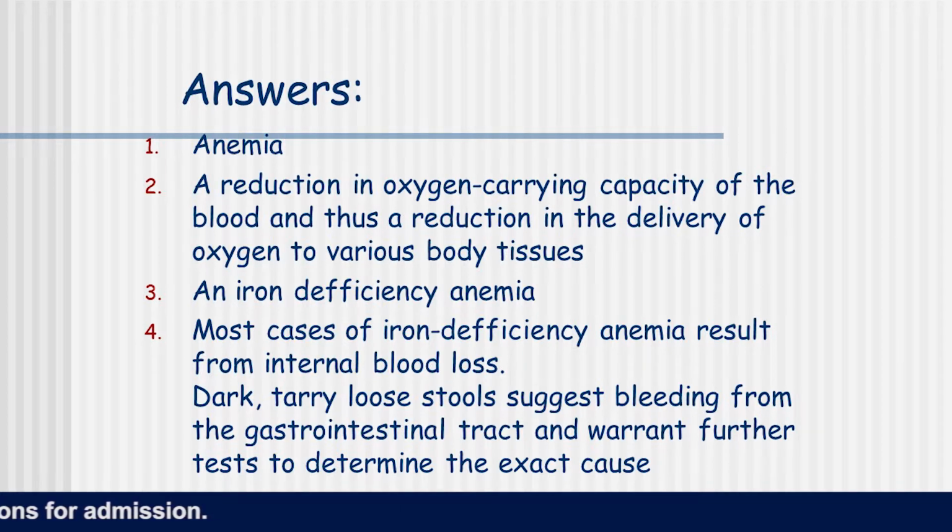There is iron deficiency anemia. Most cases of iron deficiency anemia result from internal blood loss. The dark and tarry stools suggested that he had bleeding in the gastrointestinal tract, so he had to go through further tests to determine the exact cause.